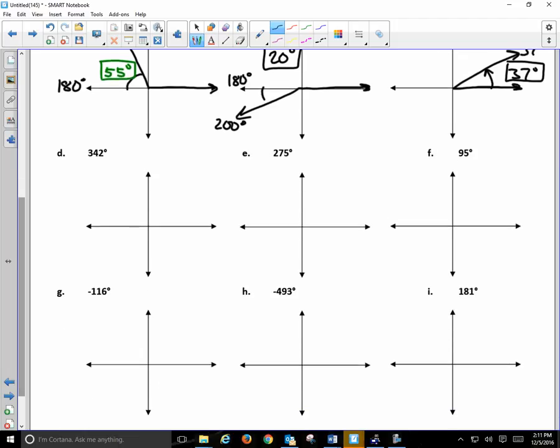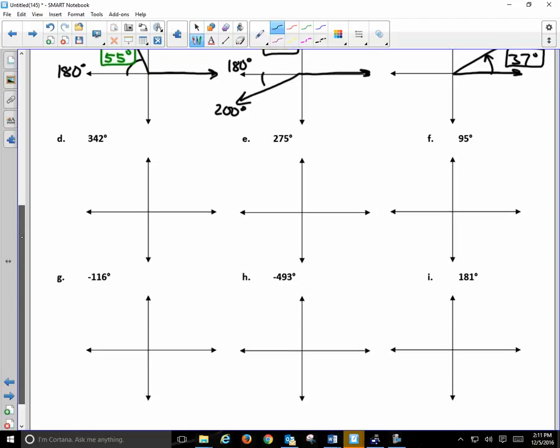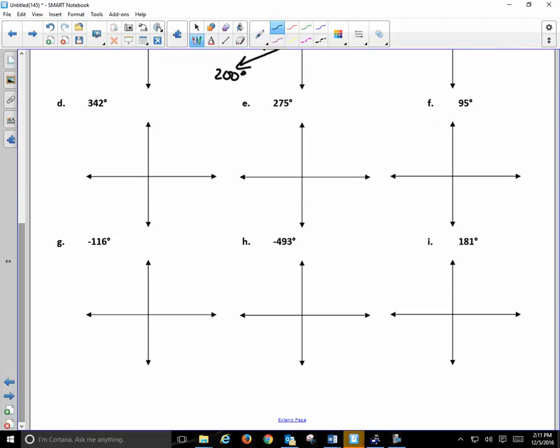Why don't you try the next 3 on your own? See if you can get them. Draw the angle.